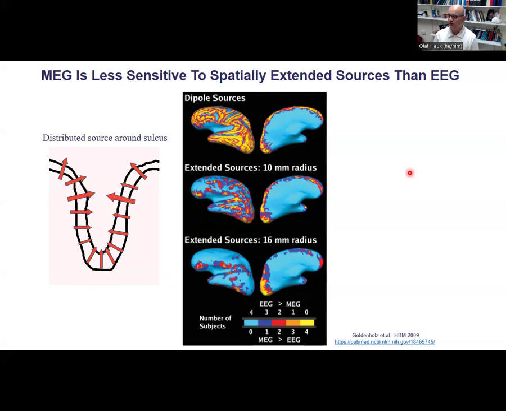Also the anterior cingulate gyrus, also an area close to the interhemispheric cleft. If that's active bilaterally, you may have sources that cancel each other out, and what's left is radial and therefore not visible in MEG. So it's good to have an idea of what type of sources you are probably going to get in your experiment and what you are interested in.